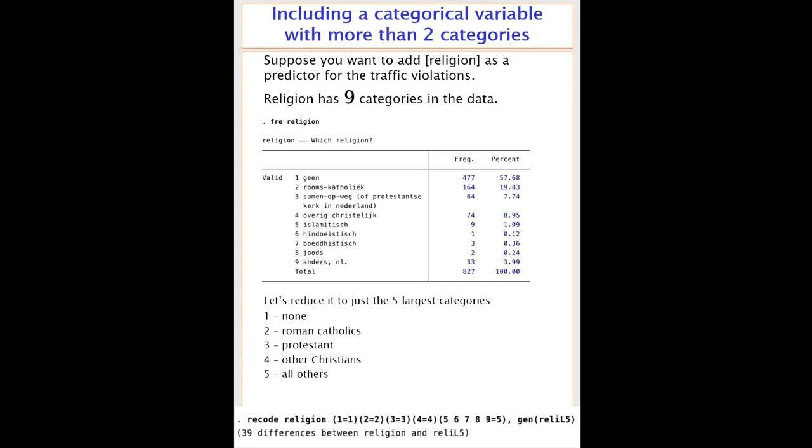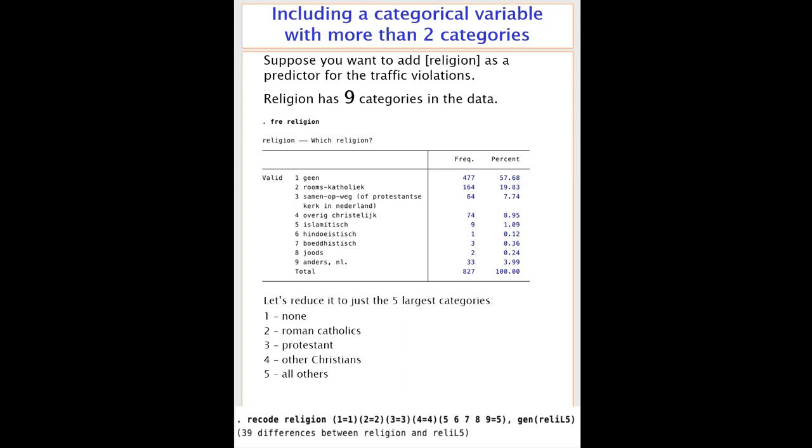So the first thing that I'm doing here is I'm bringing this back to 5, just to make it a bit more convenient to work with. And what I'll do here is get rid of the ones that have the least. So what I'll do is recode this command over here. For religion, all the 1s stay 1, all the 2s stay 2s, all the 3s stay 3s, and the 4s stay 4s as well.